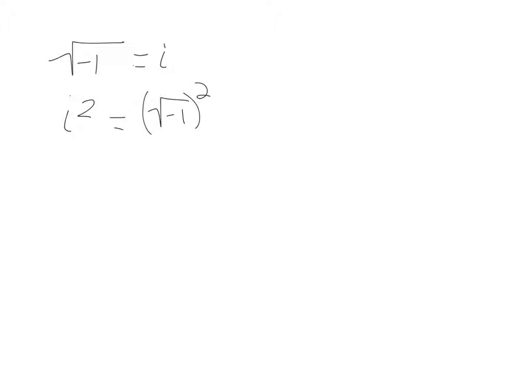If I have i to the third, that's i squared times the square root of -1. I to the fourth is i squared times i squared, which is actually going to be just 1.